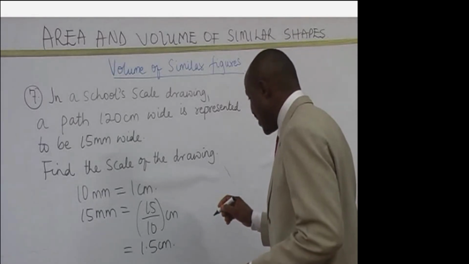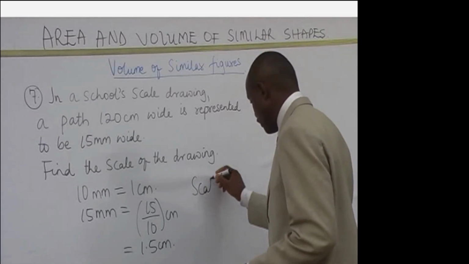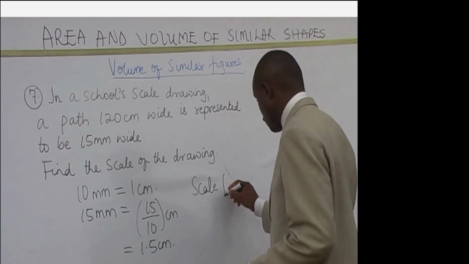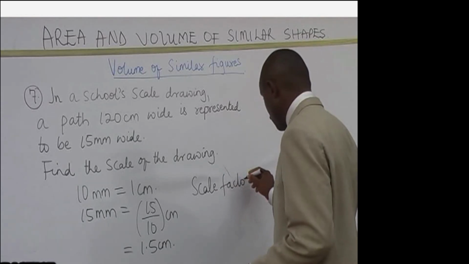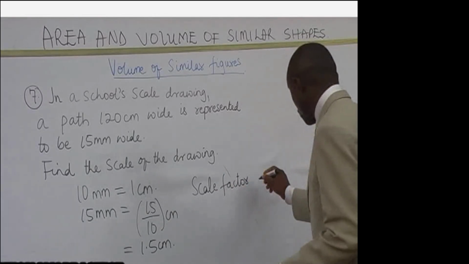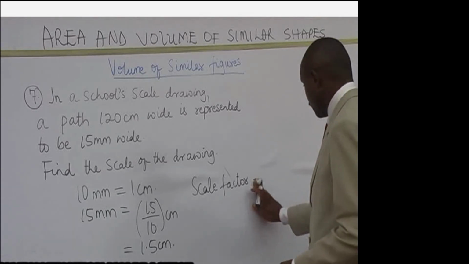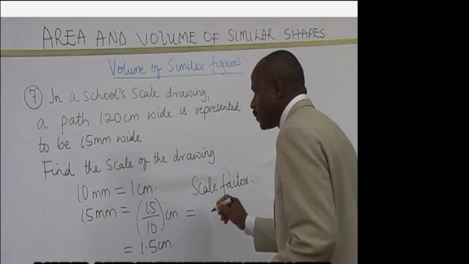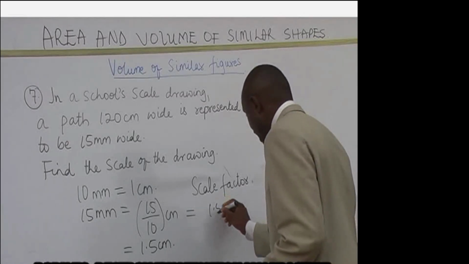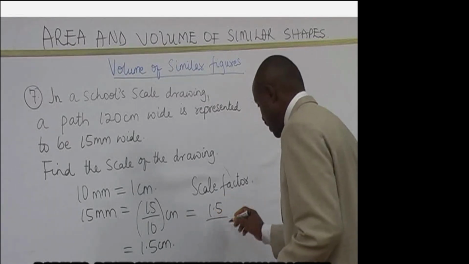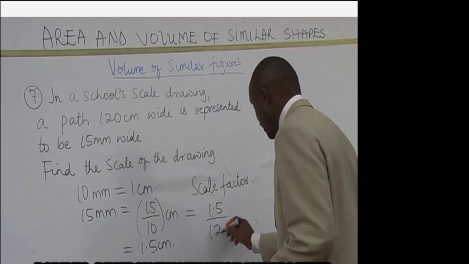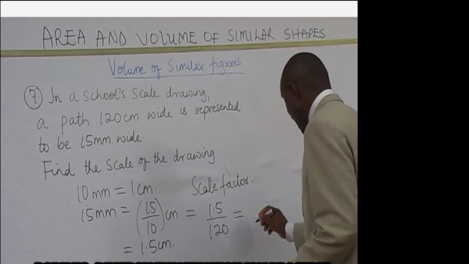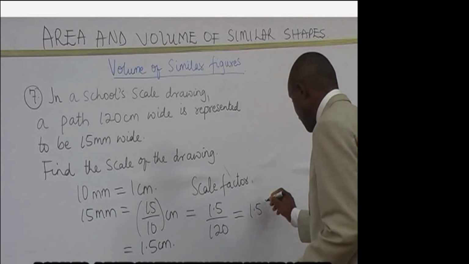That means the scale factor is equal to 1.5 divided by 120.